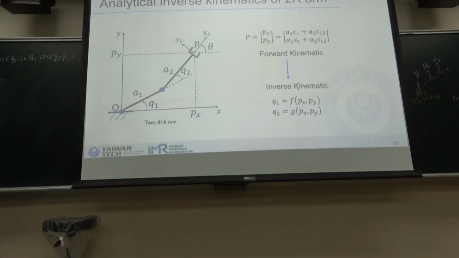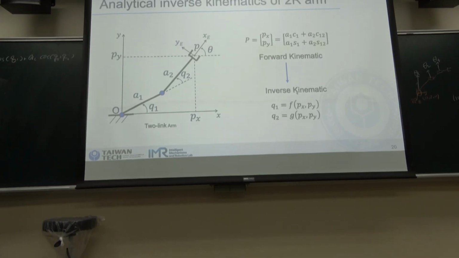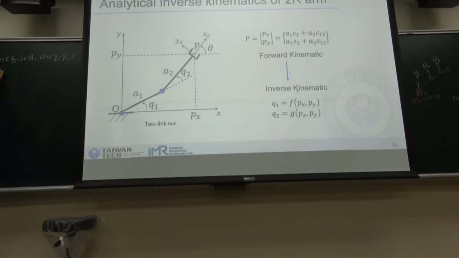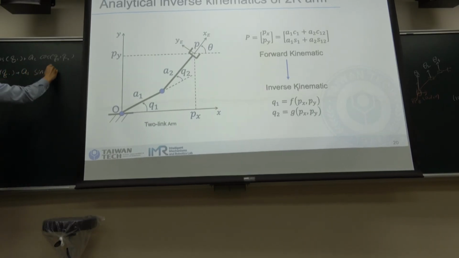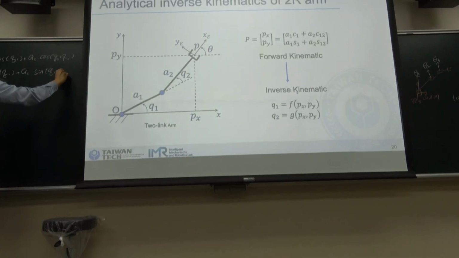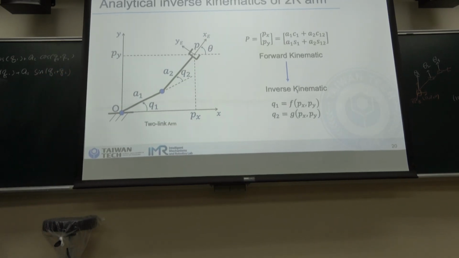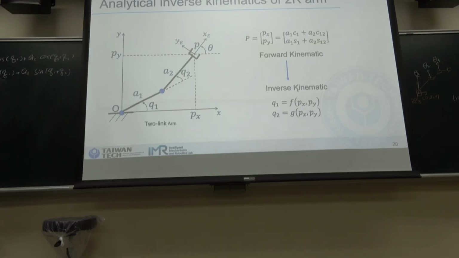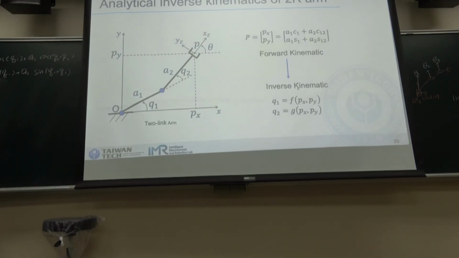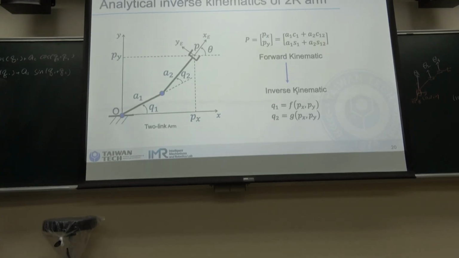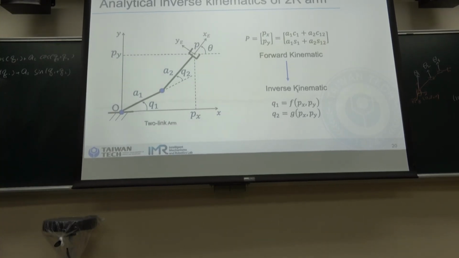For the y component, A1 times sine Q1 plus A2 times sine of Q1 plus Q2. And theta is Q1 plus Q2.